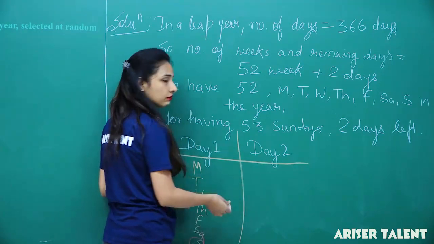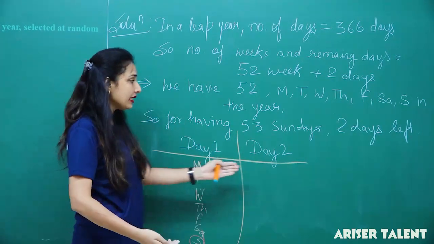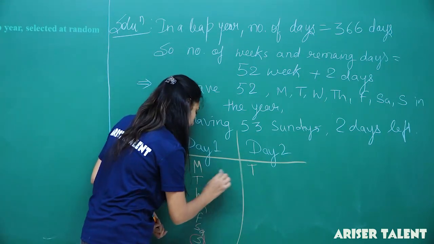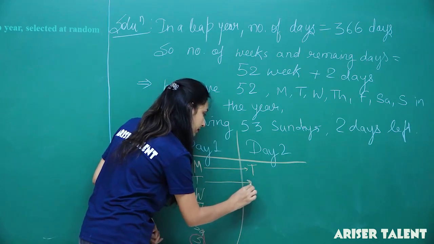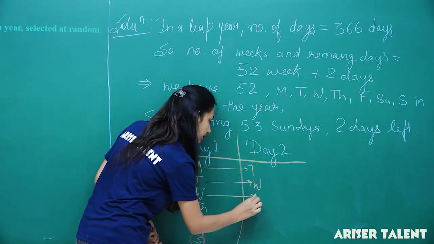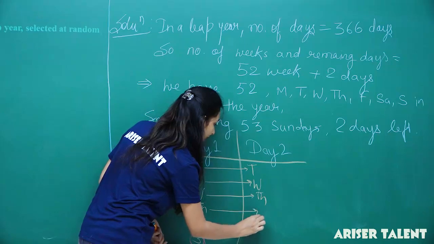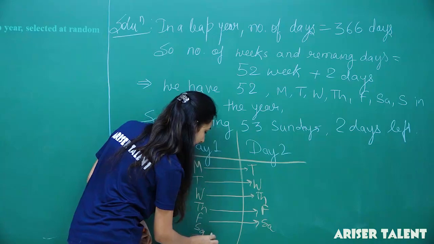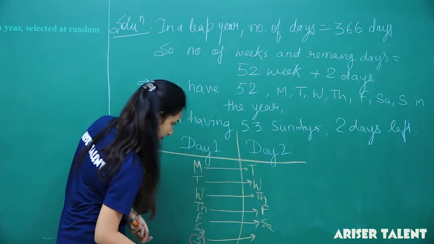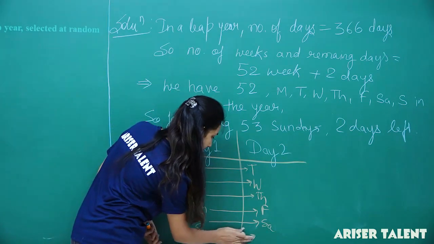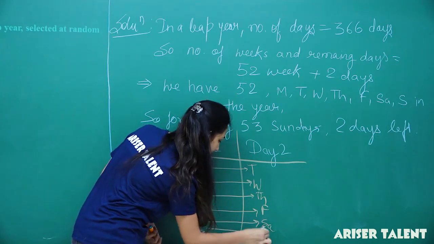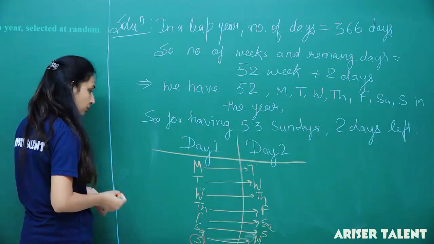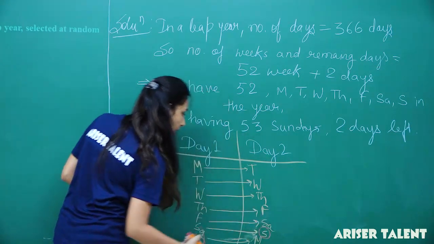If day 1 is Monday, after Monday that will become Tuesday, that's for sure. So Tuesday, then Wednesday, then Thursday, then Friday, then Saturday, and then Sunday, and then Monday.